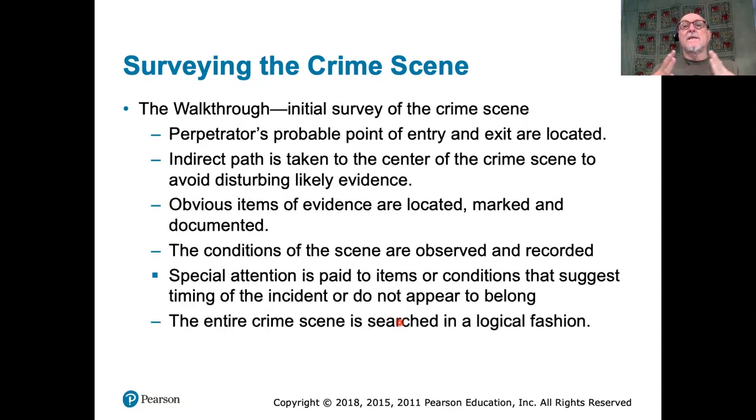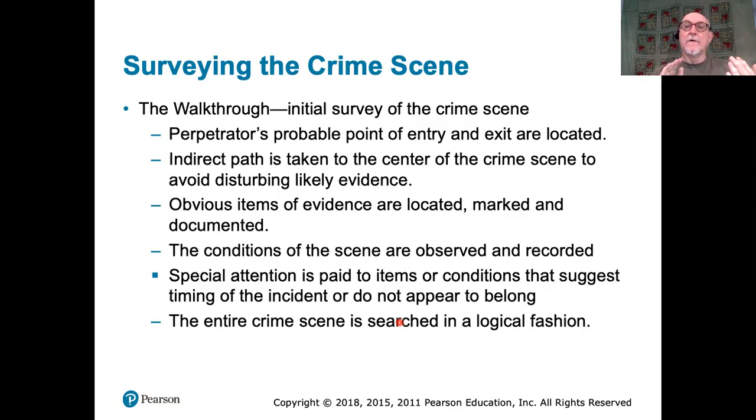Investigators will do an initial walkthrough of a crime scene. They will look especially for a likely way that a perpetrator entered the crime scene, and they will look for a likely way that the perpetrator left. And that may give them a path that the perpetrator took through the crime scene.